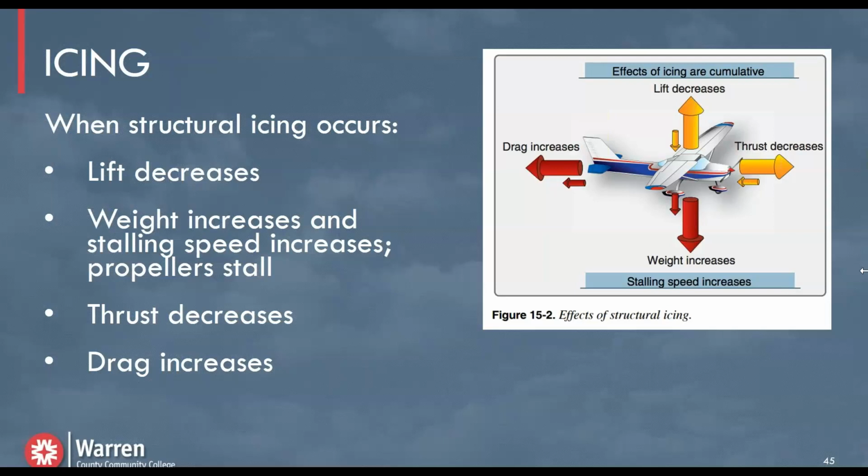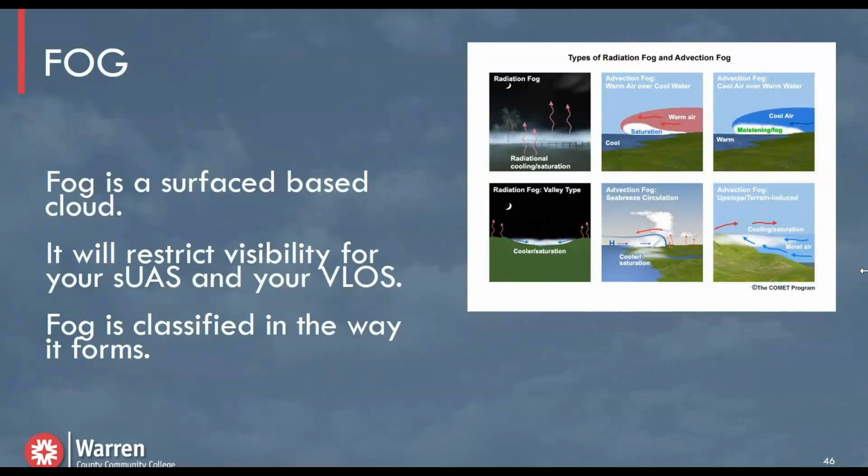So what you need to remember is lift decreases, thrust decreases, weight increases, drag increases, and stalling speed increases. And they want to remind you also that the effects of icing are cumulative. In other words, if it is kind of a freezing rain situation and ice starts to form, the more water that lands on it starts to create that icing situation as well.